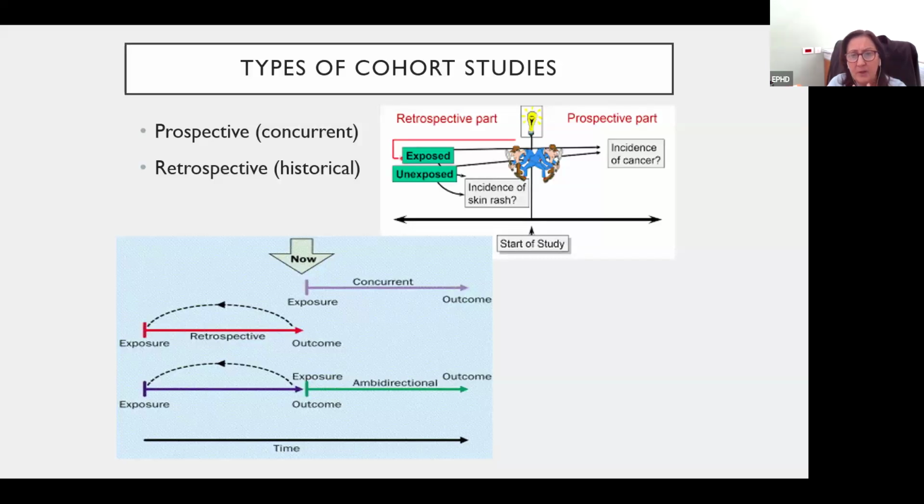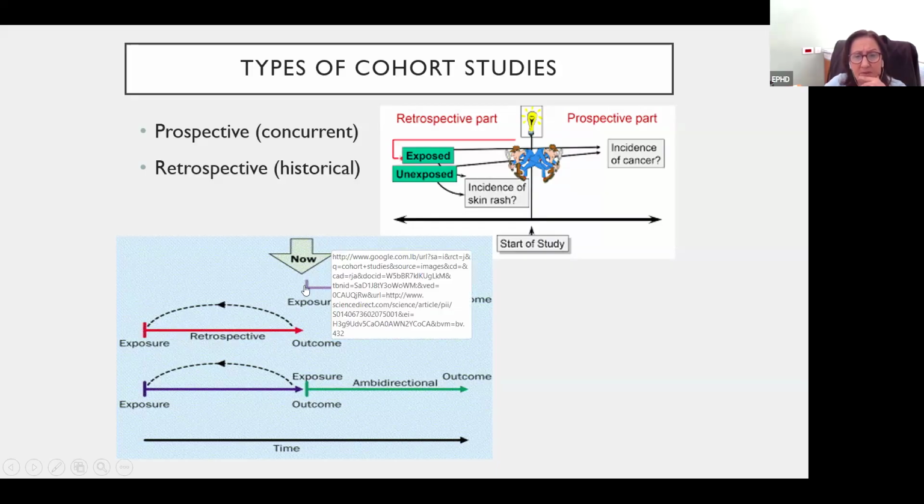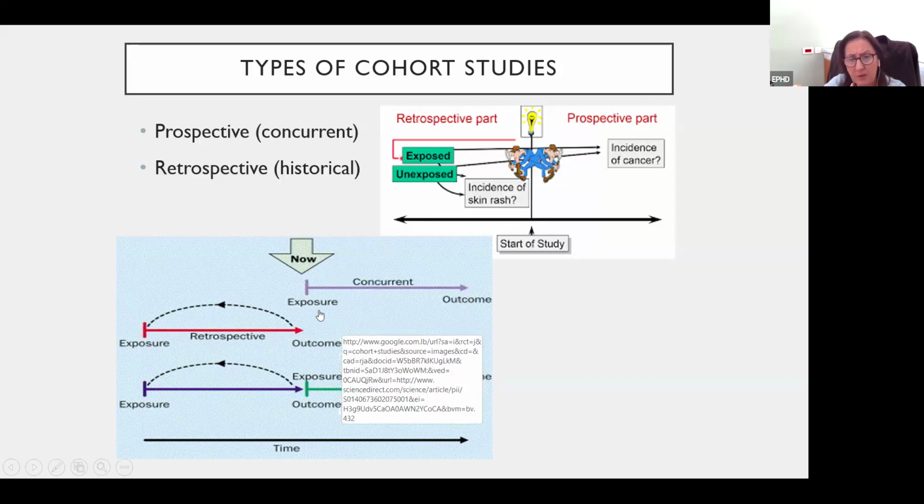So we start with the exposure. If we are now here, this is now. We assess exposure, and we march with the cohort to check the outcome. So we are in 2026, and I want to see the effect of this war on mental well-being after 1 or 2 years.